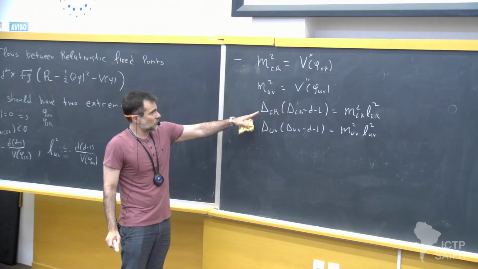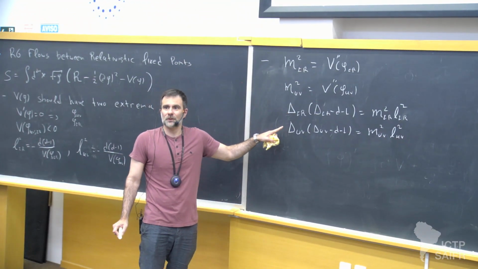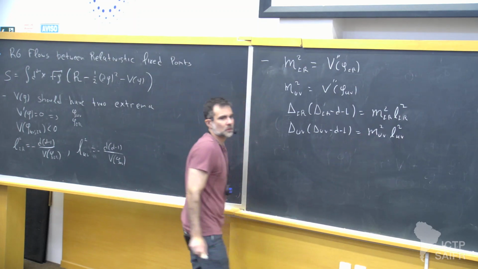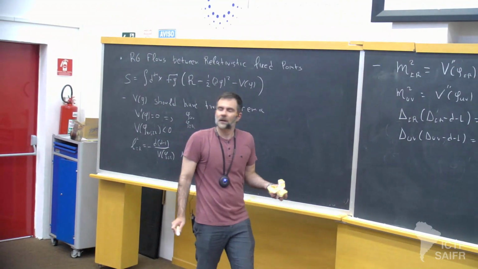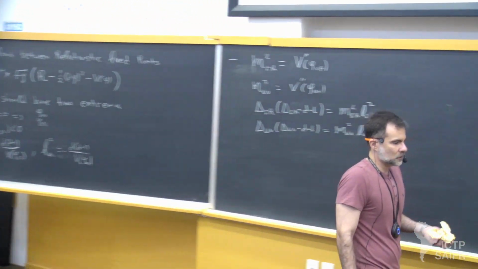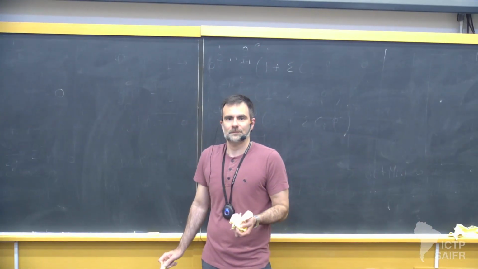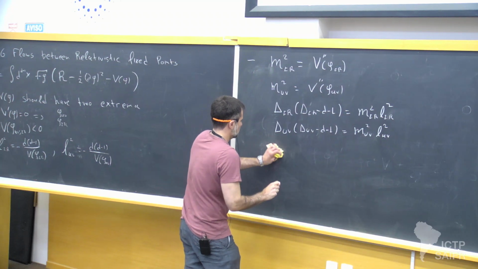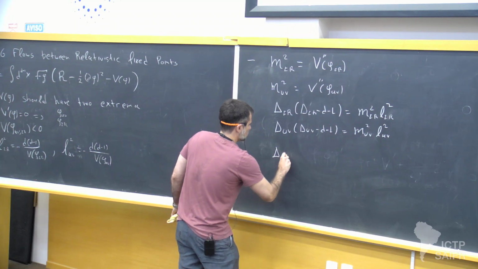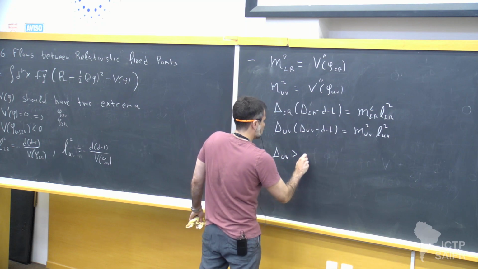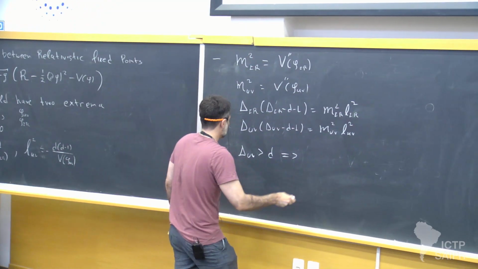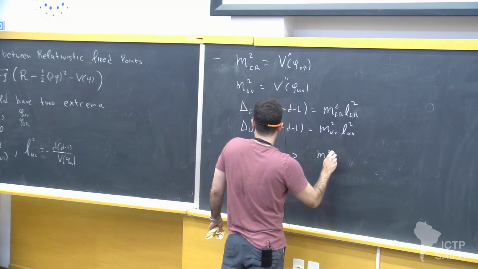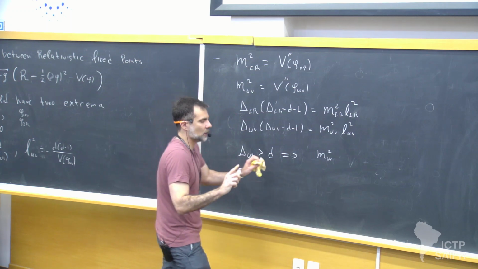Okay, so for the UV fixed point to actually be a UV fixed point, M squared should be positive, so that you would get an operator of a dimension greater than D. So delta UV should be greater than D, which is telling you that M UV squared, sorry, I'm saying things the other way around, yes.